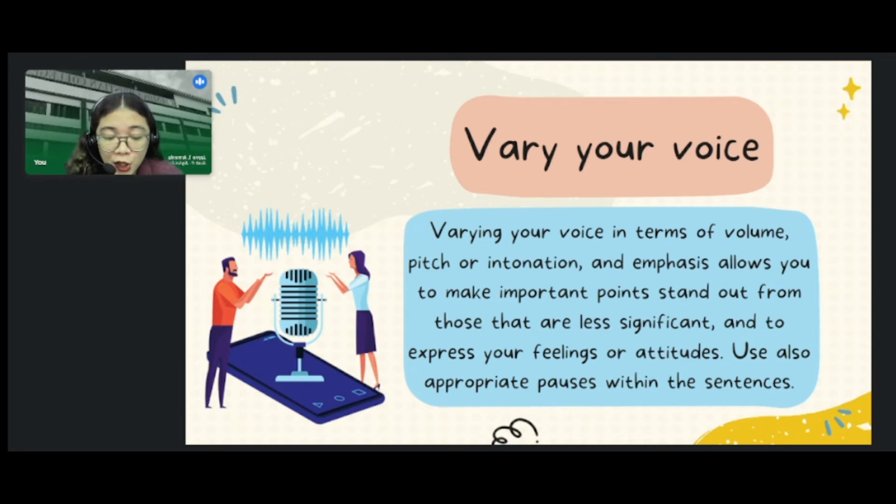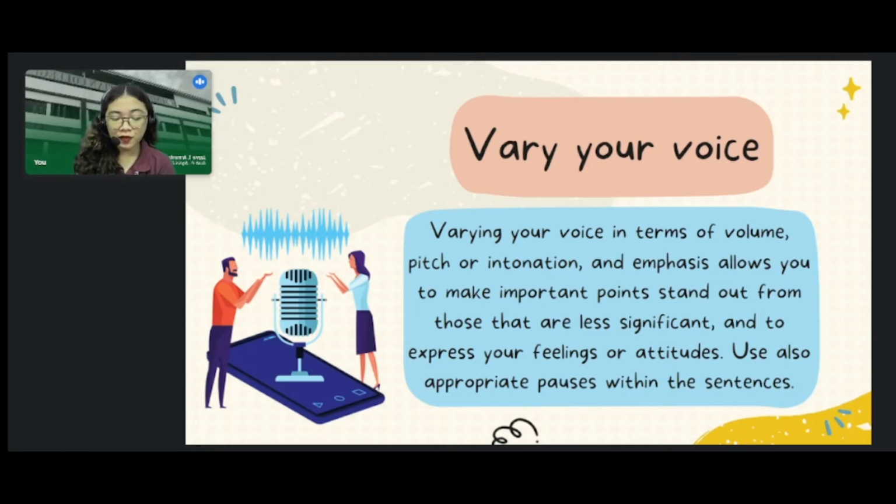So, in varying your voice, you need to modulate, you need to use different tones para naman makita doon sa voice mo yung attitude and feelings that you want to input in your speech. Okay?